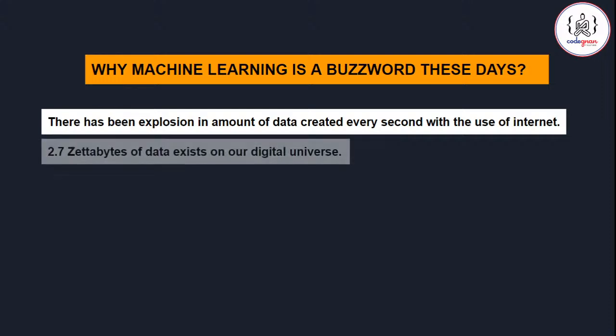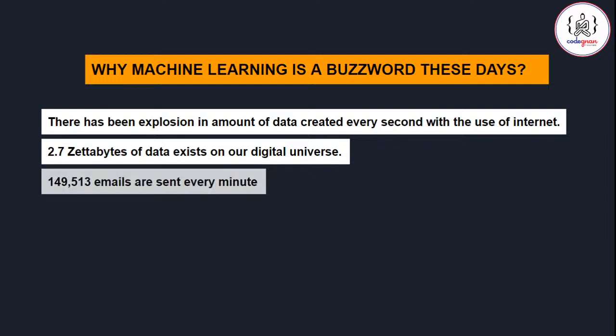If you talk about how much data we generate, 2.7 zettabytes of data exist in our digital universe. We are talking about zettabytes of data here. 149,513, that is a big number, right?